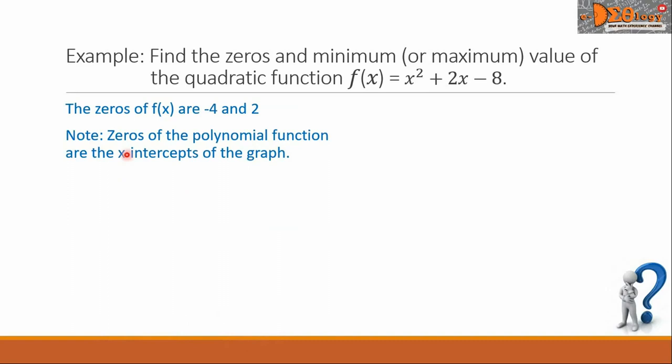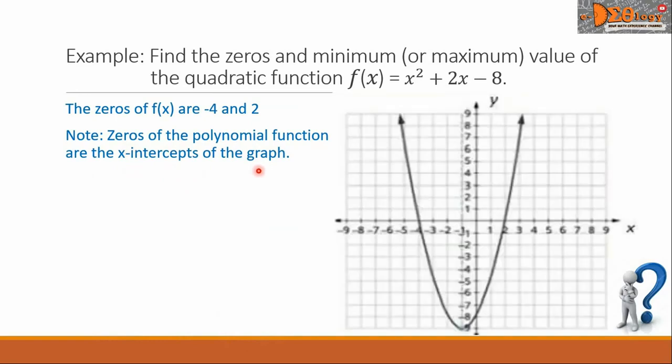Let us note that the zeros of the polynomial function are the x-intercepts of the graph. This is the graph of our function. So you see here, with respect to our x-axis, the graph touches our x-axis at the point negative 4 and positive 2.